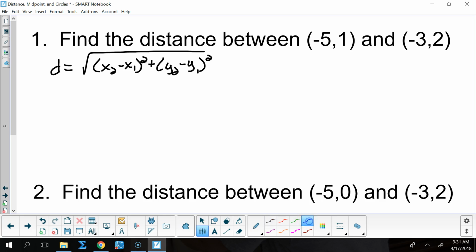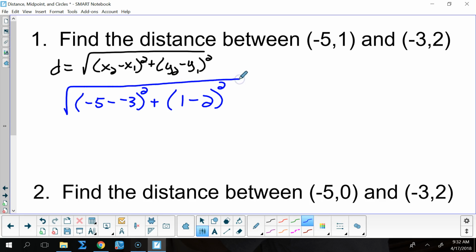So this could be the square root of -5 minus -3 quantity squared plus 1 minus 2 quantity squared.